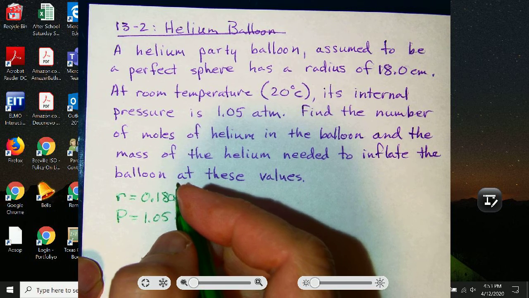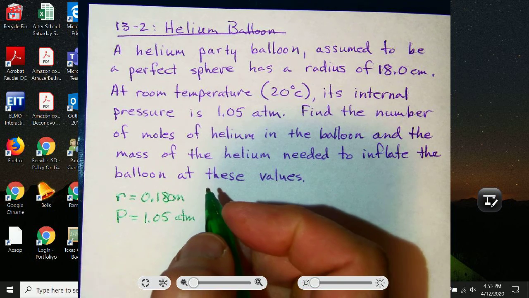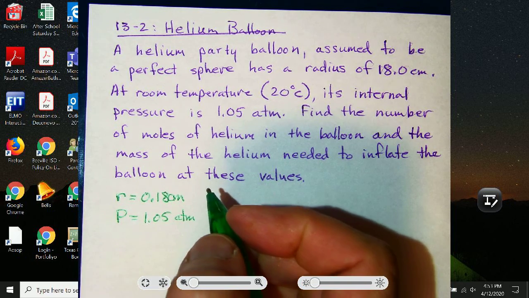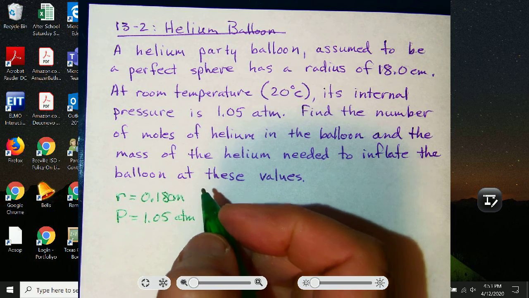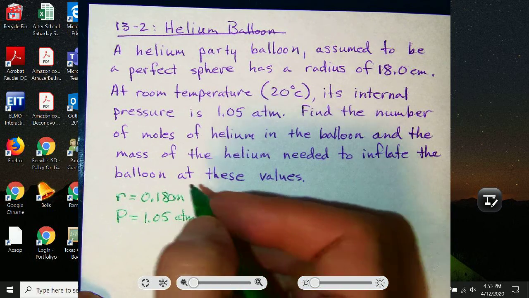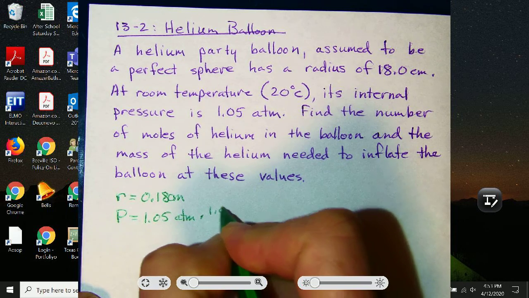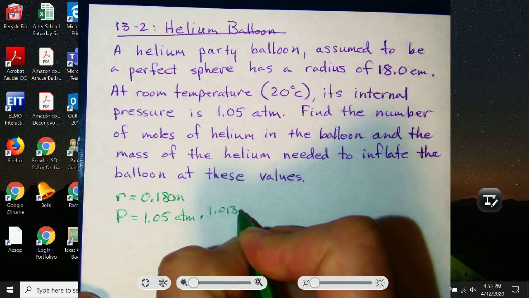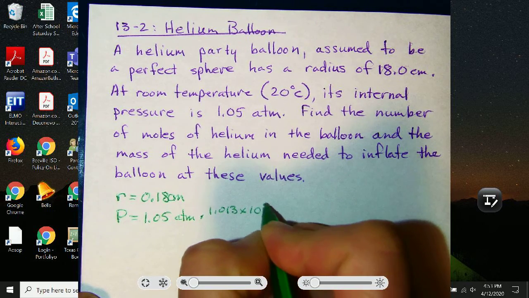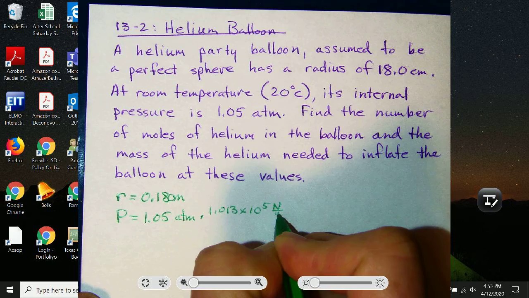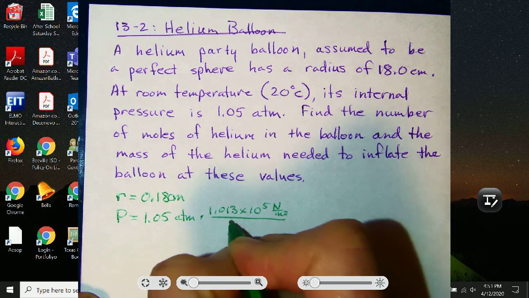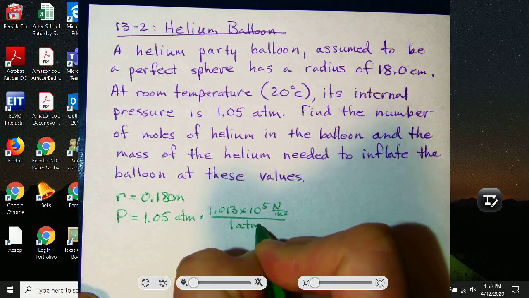I'm going to go ahead and change this into newtons per meter squared or pascals, but you could easily work it leaving it in atmospheres. So to change it, that's 1.013 times 10 to the fifth newtons per meter squared. That equals 1 atmosphere.